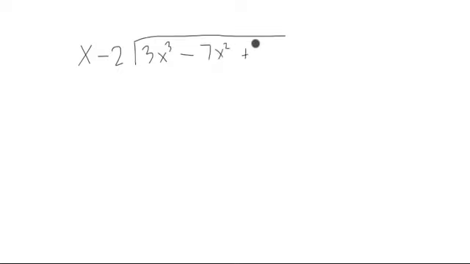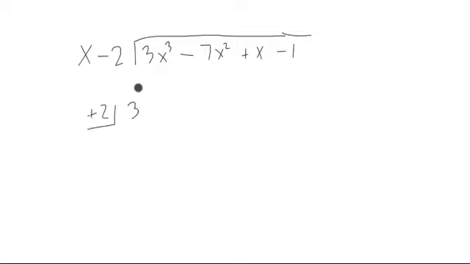First, let's work through another example. What if we had x minus 2 and we wanted to divide that into 3x cubed minus 7x squared plus x minus 1? So for synthetic division, we change the sign of -2 to +2.